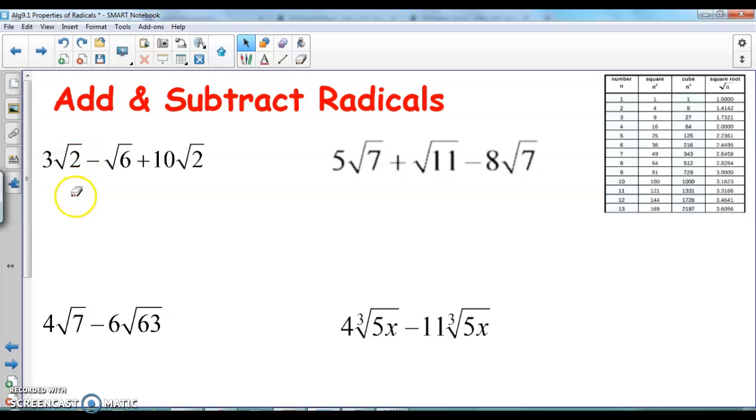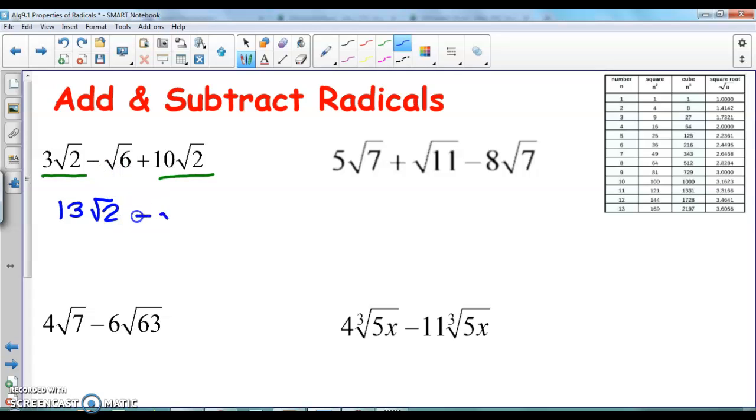So we're going to leave radical 6 by itself and combine those that have the same radical expression. So what is 3 plus 10? That's 13. And then bring down the same radical expression, which is radical 2. Now, since negative radical 6 has no partner, we're just going to leave it as it is. So this is the final answer. We cannot combine these two anymore because they are not like terms.